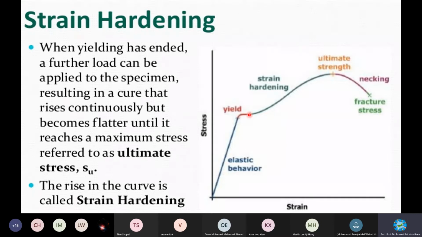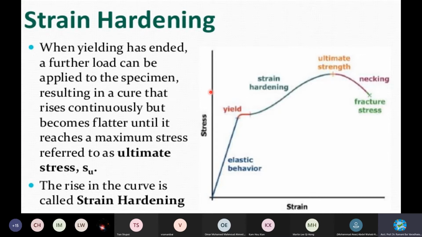But it has not shown any type of elastic property, right? It is increasing in strain, means what? It is elongated, it is subject to failure.